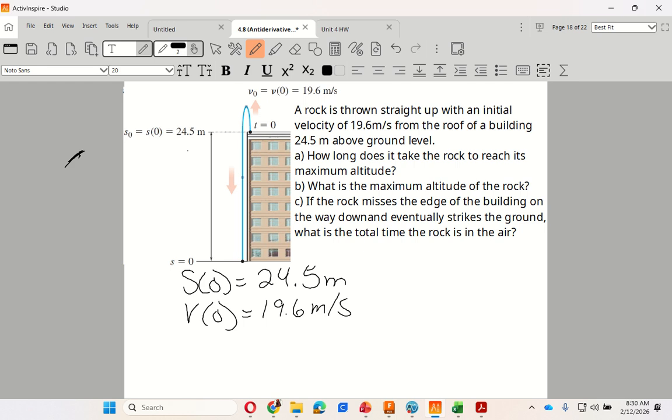So how am I going to show that? Very good. So I'm going to say that my acceleration is always negative 9.8 on this one. Just say A is equal to that, because this is going to help me start my problem.